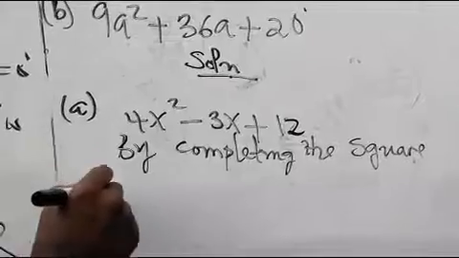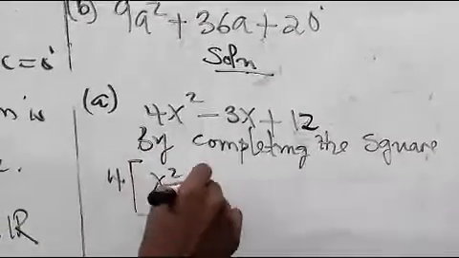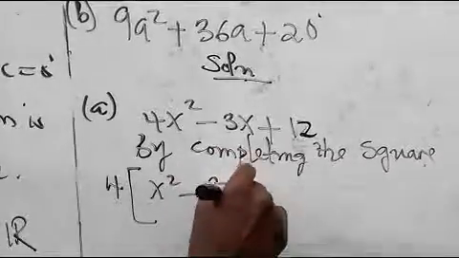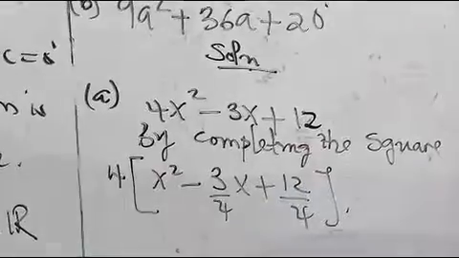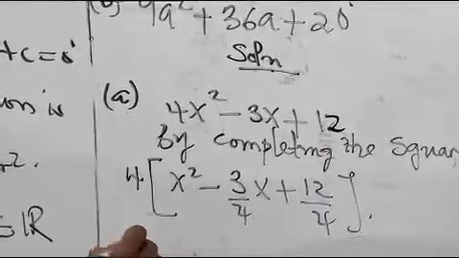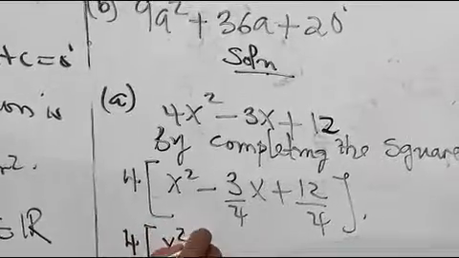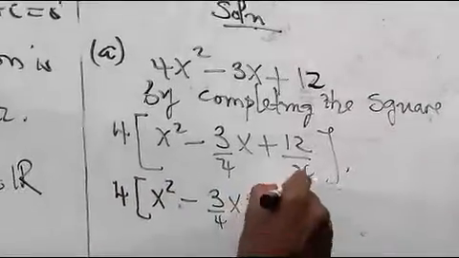So we are going to have 4x squared minus 3 on 4x plus 12 on 4. Now we simply have 4 into (x squared minus 3 on 4x plus 3).